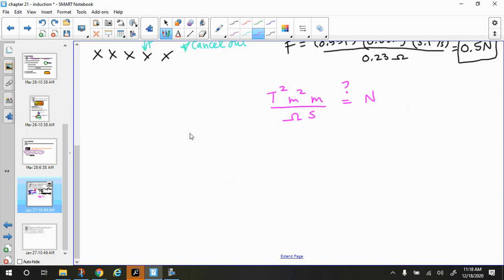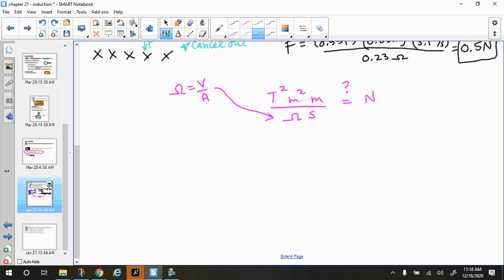So we know that an ohm is equal to a volt per amp. I don't know why I said volt per meter. And so that will help us a little bit. We're going to plug that into there.